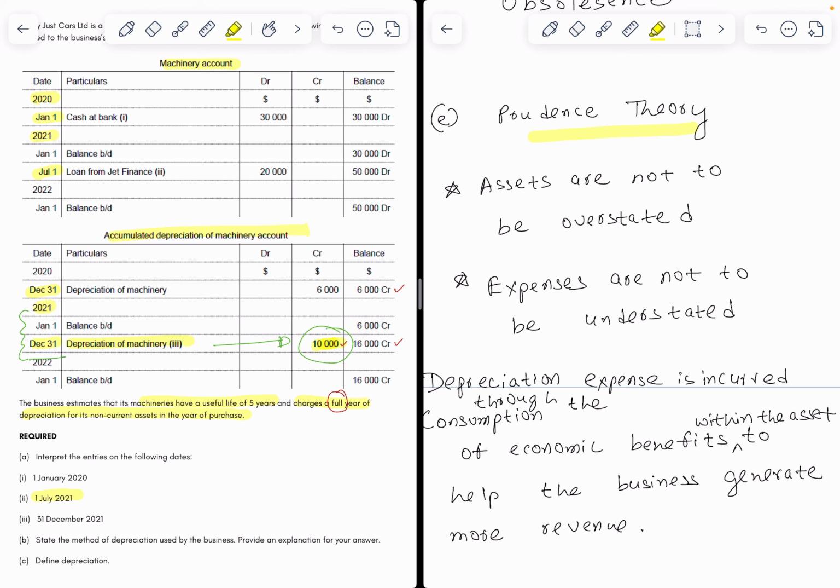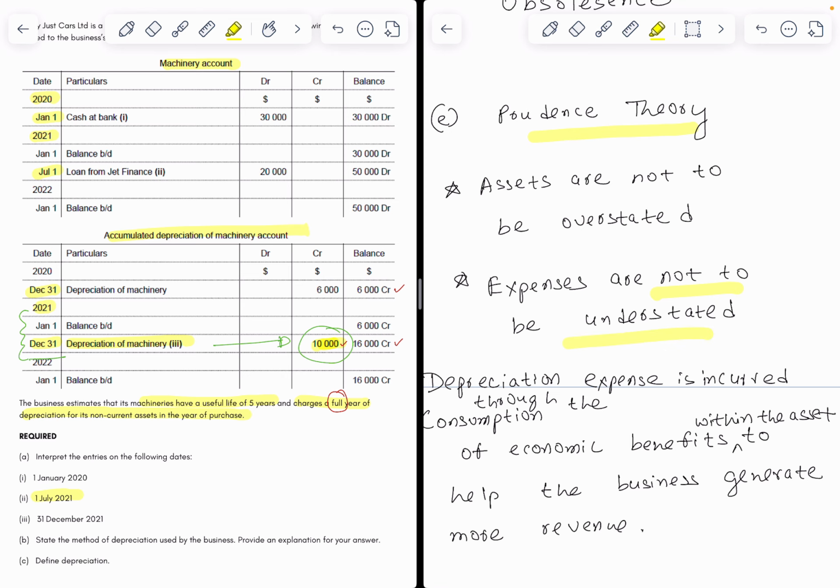All right? So in this case, where we are working with the cost of the asset and the depreciation expense, we could say that the prudence theory states not to overstate assets or the cost of the asset or the net book value of the asset that we report in the balance sheet, and also not to understate expenses when it comes to profit calculation.